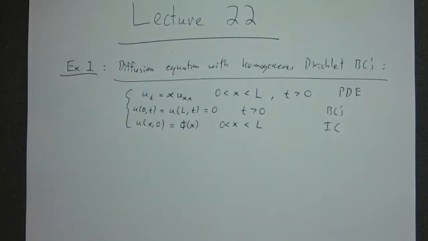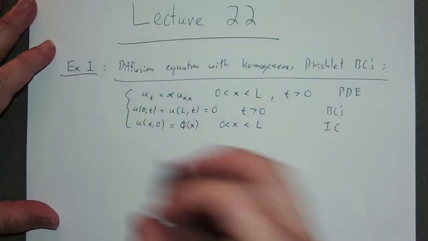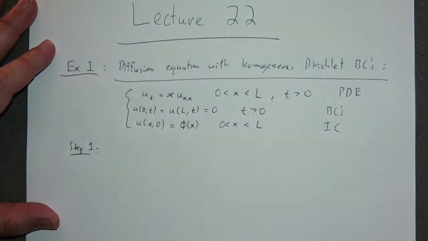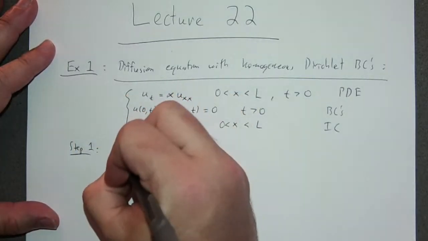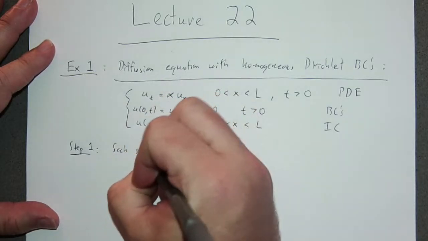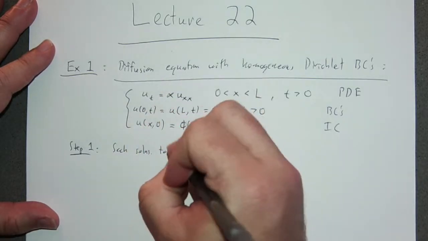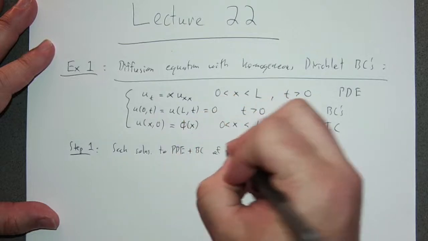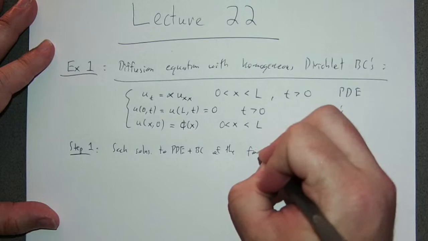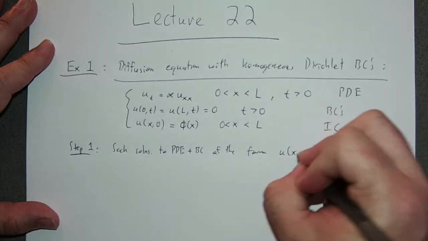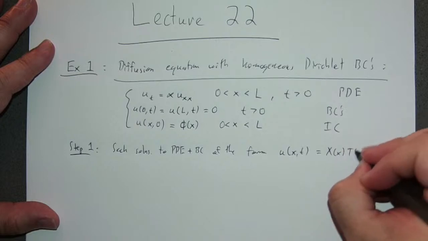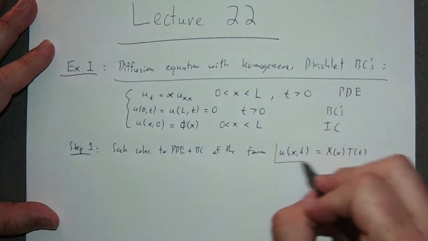Okay, so step 1: I am going to seek solutions to the PDE plus boundary conditions of the form u(x,t) = X(x)T(t).